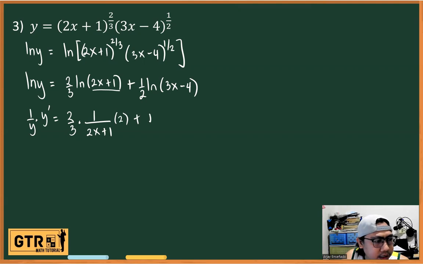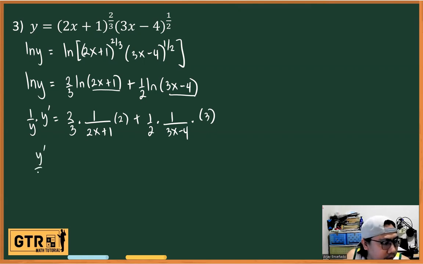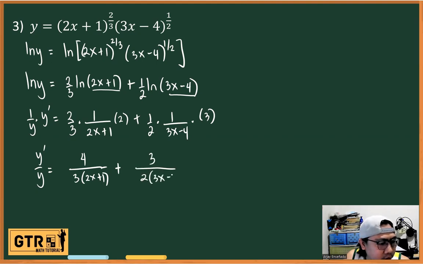Plus, just copy the constant 1/2 times derivative of ln 3x minus 4, which is 1 over 3x minus 4, and then times derivative of 3x minus 4, that is 3. So simplify, we have y prime over y equals, so multiply this. So we have 4 over 3 times 2x plus 1 plus 3 over 2 times 3x minus 4.